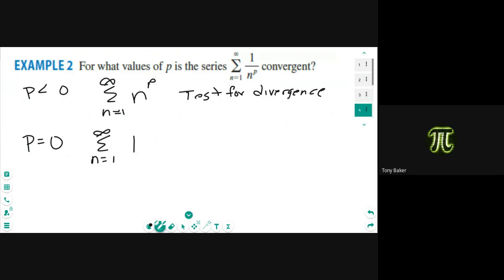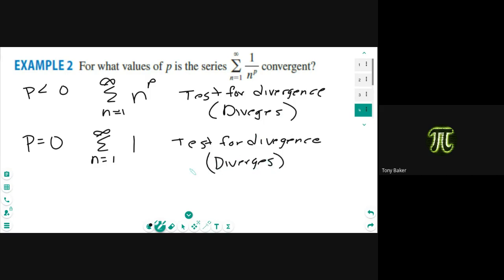If I keep adding a whole bunch of 1s together, is that ever going to hit 0? No. So that's also the test for divergence, and it diverges. So we've now shown that if p equals 0 or is less than 0, it diverges.